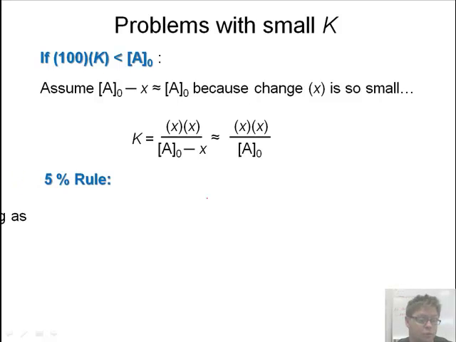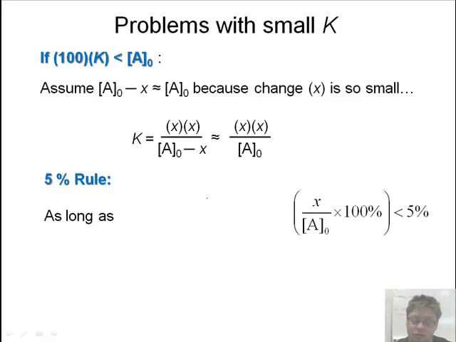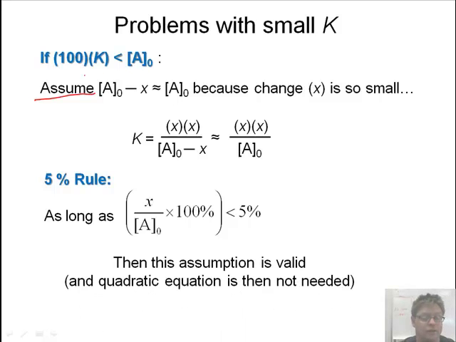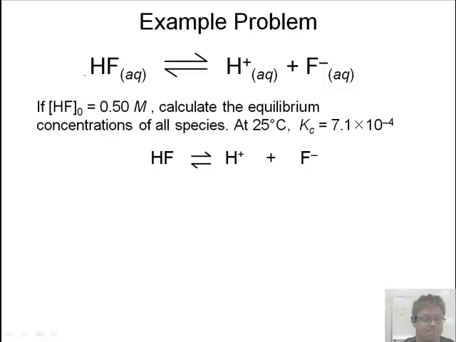The 5% rule: as long as x over the initial concentration of A times 100% is less than 5%, this assumption works. If it is not less than 5%, you would not want to make this assumption; you would use the quadratic equation. If it's less than 5%, the assumption is valid and the quadratic equation is not needed.